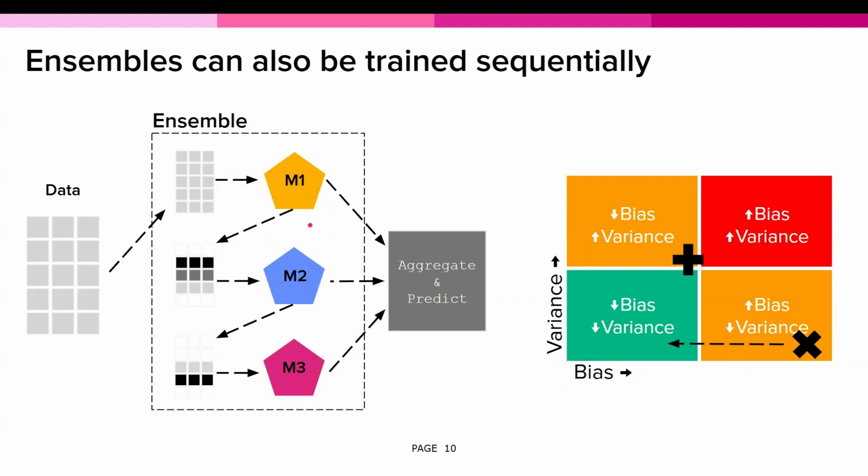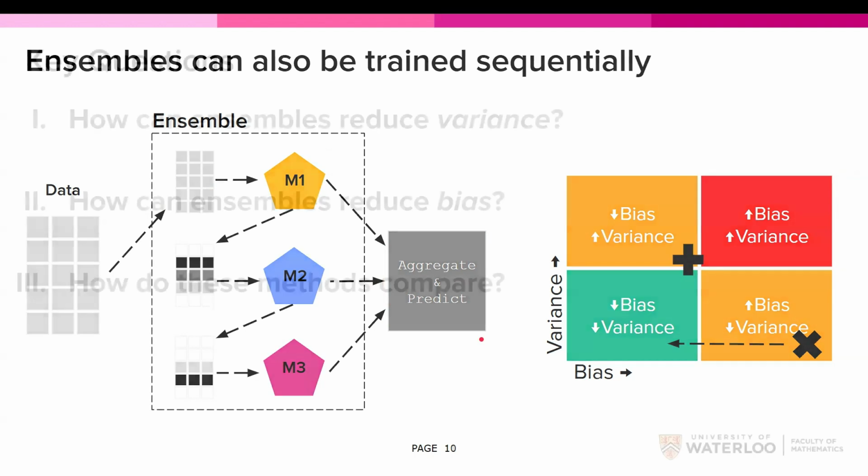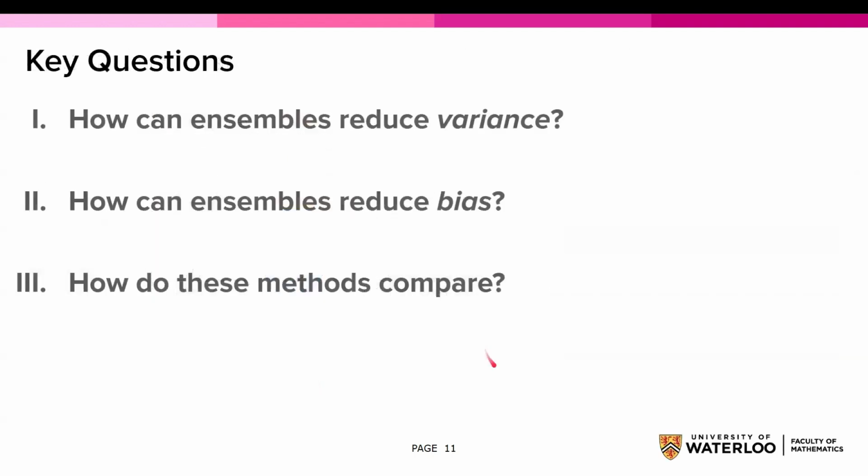Similar to the parallel situation, all such base learners do contribute to the final prediction, but the manner in which they're aggregated is a little bit more nuanced, and we'll get into that later. All right.